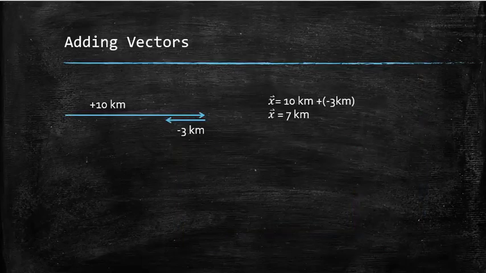Here's a quick and easy problem: adding vectors if it's all in one direction, either horizontally or vertically. It's an addition problem. You've got positive 10 kilometers displacement, and then you turn around and go back 3 kilometers, and your total displacement, or the vector addition of this, is going to be 7 kilometers. And notice it's in the positive direction.